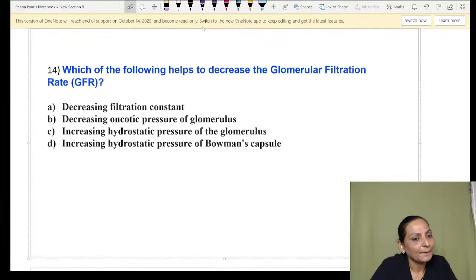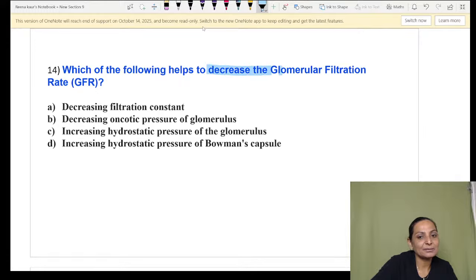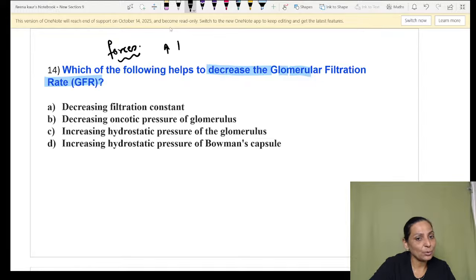Now, which of the following factors helps to decrease the glomerular filtration rate? This is again a very important question, related to the forces that act to increase or decrease your GFR, which we call the Starling forces.